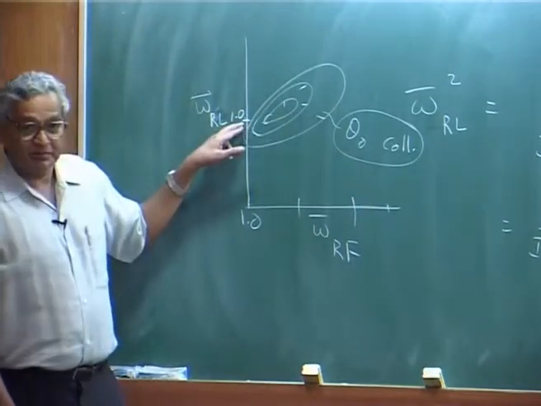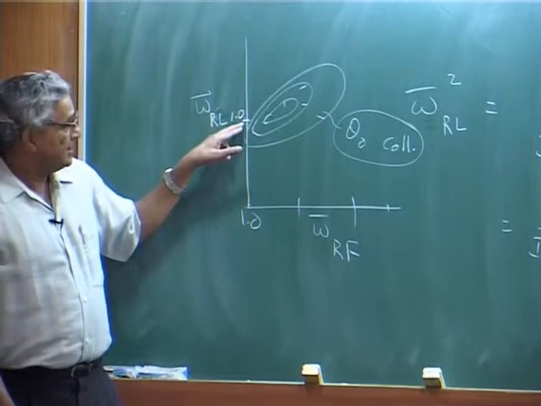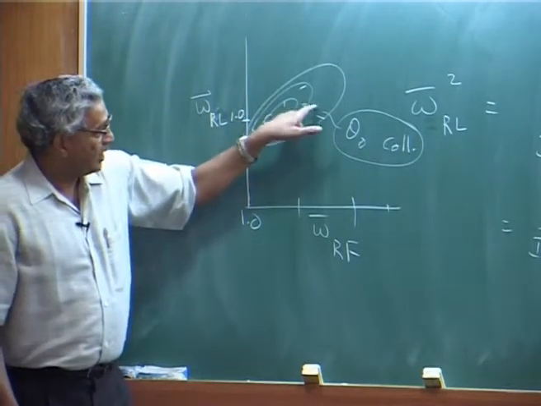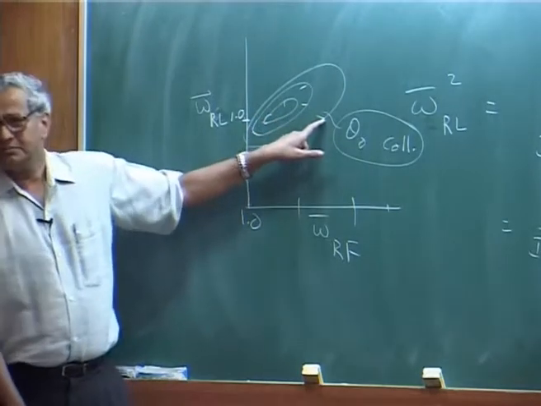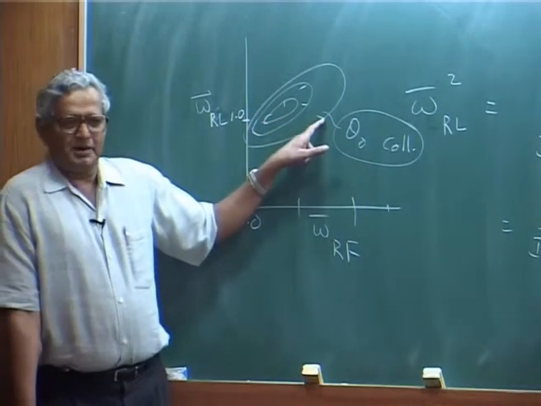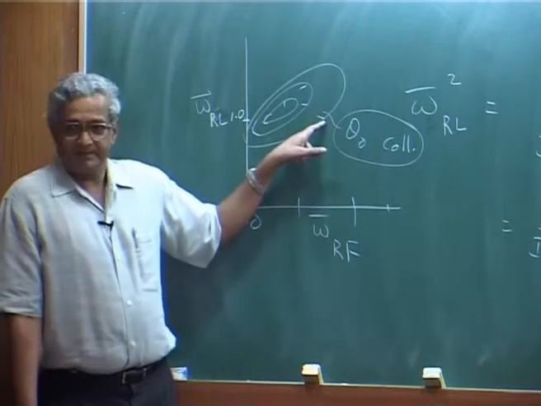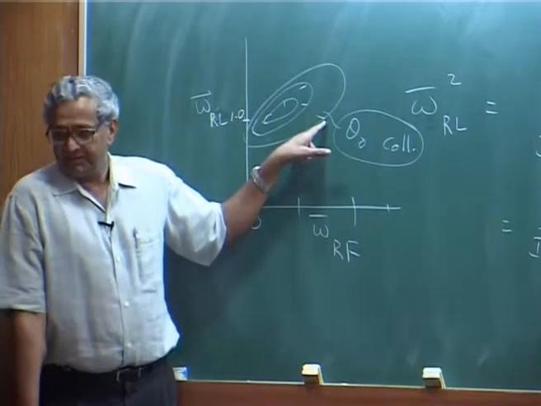Here it is 1.0 lead lag. Suppose this is some 0.3 radian, theta naught of 0.3, which is about 15 degrees.